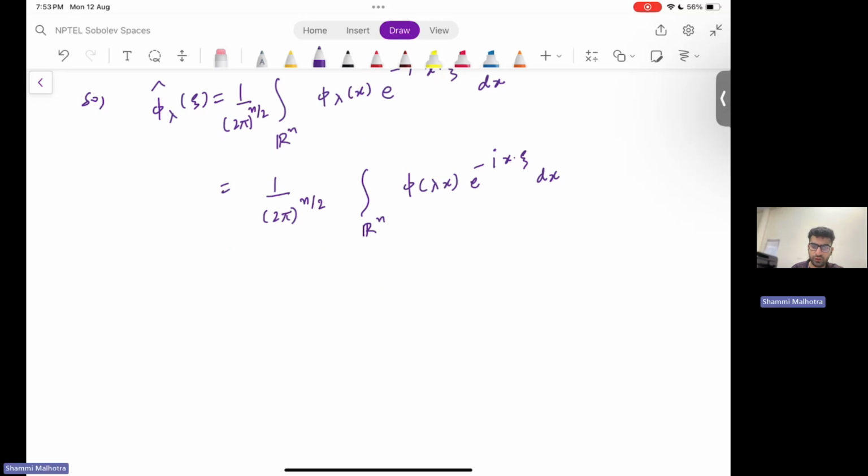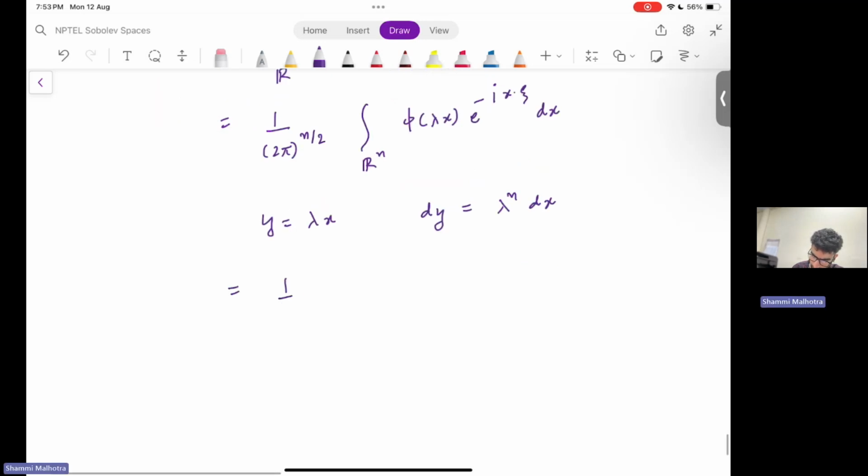Now we use a change of variable: y equal to lambda x, and dy will be lambda raised to the power n dx.